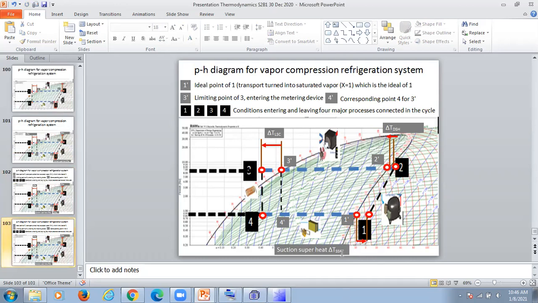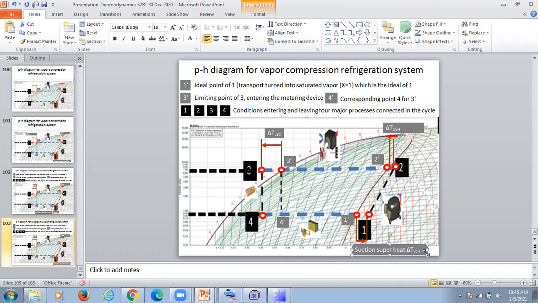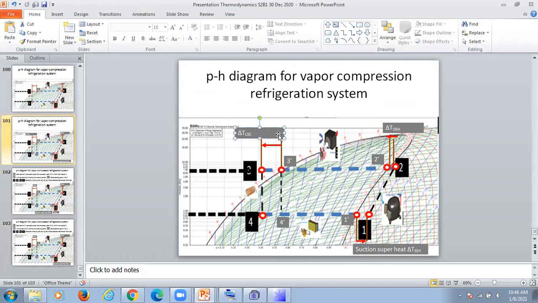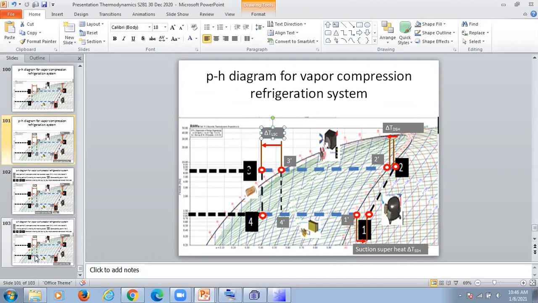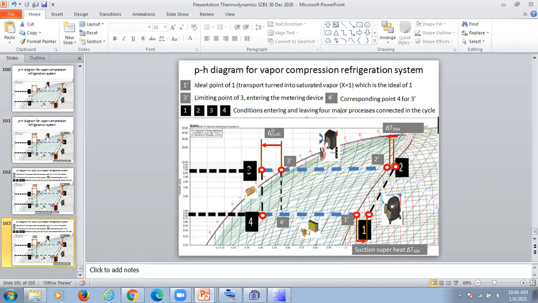So delta T subcooling, this is superheat suction. So delta T subcooling is this one. This we call the liquid subcooling.